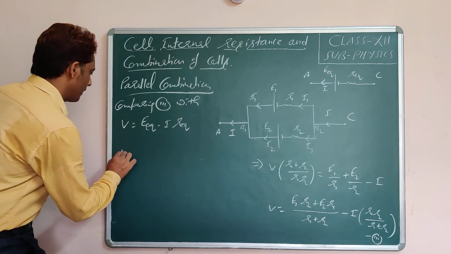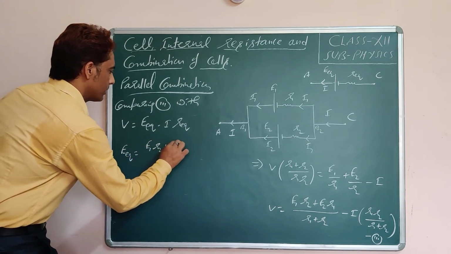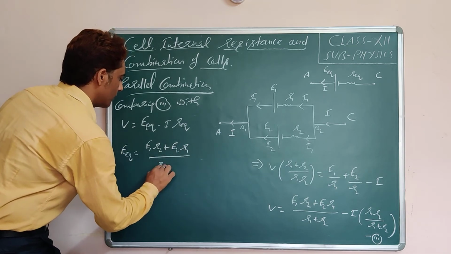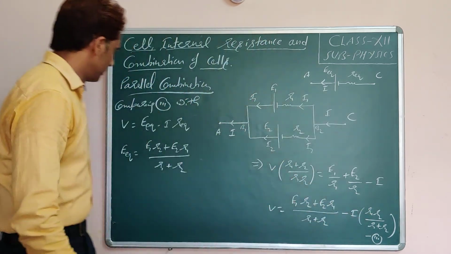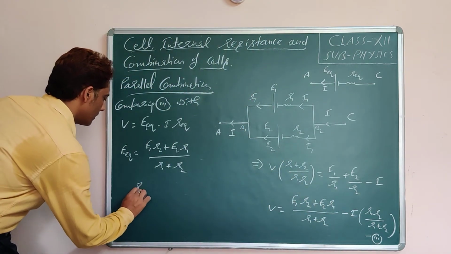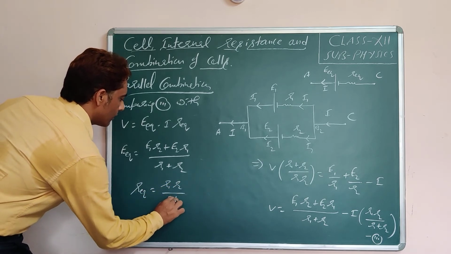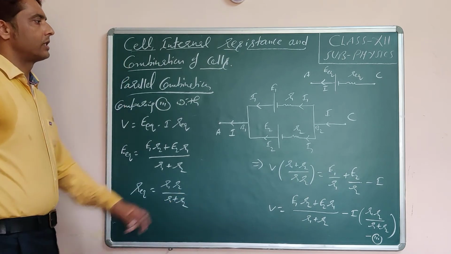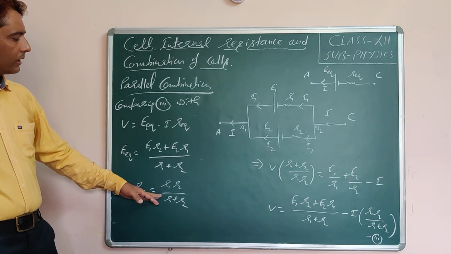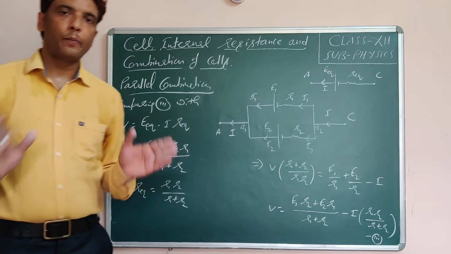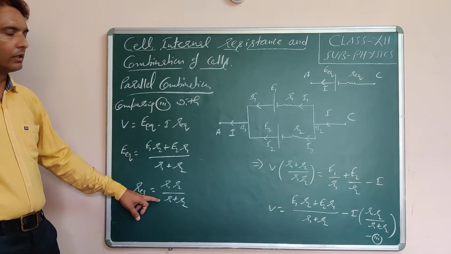We can write the equivalent EMF as E1 R2 plus E2 R1 over R1 plus R2, and the equivalent internal resistance is equal to R1 R2 over R1 plus R2, and you can see here R1 and R2 are connected in parallel. So this is the equivalent internal resistance. So in case of parallel combination of two cells, this is the equivalent EMF and this is the equivalent internal resistance.